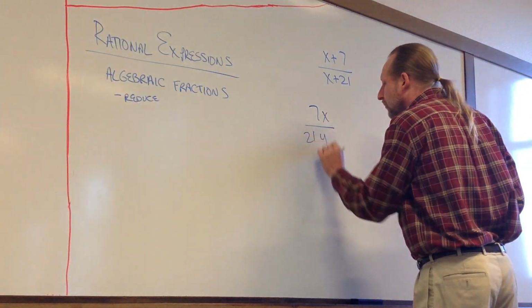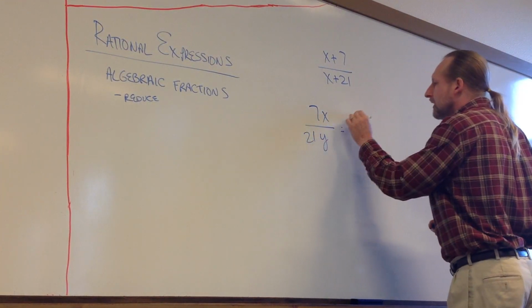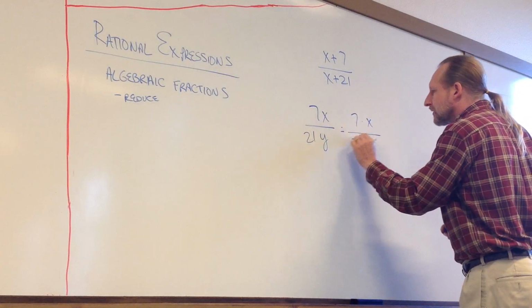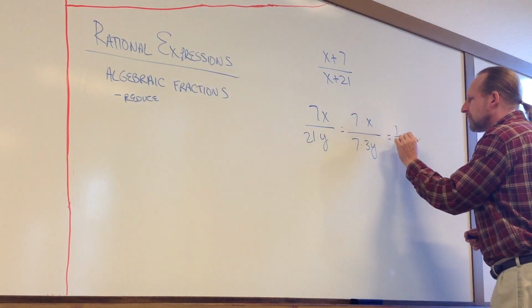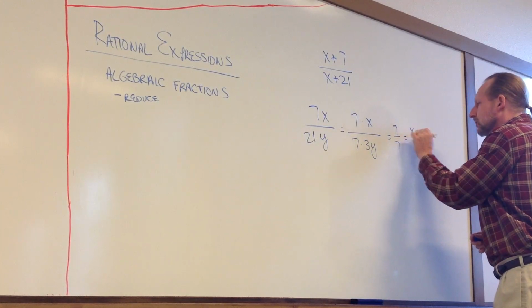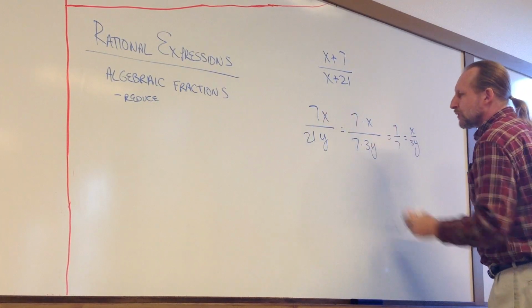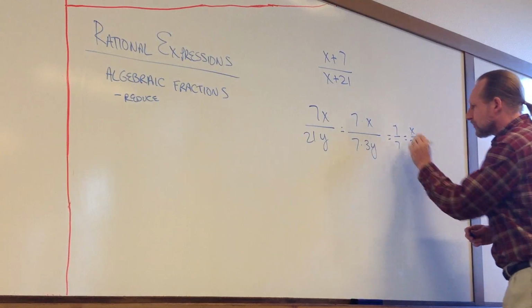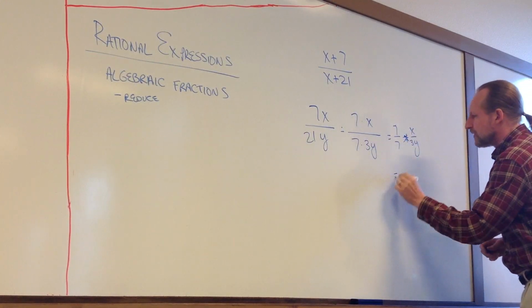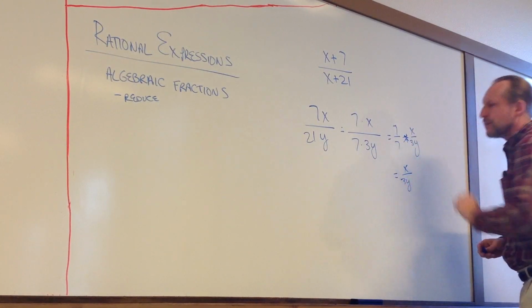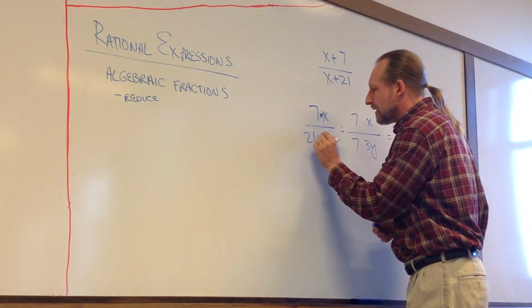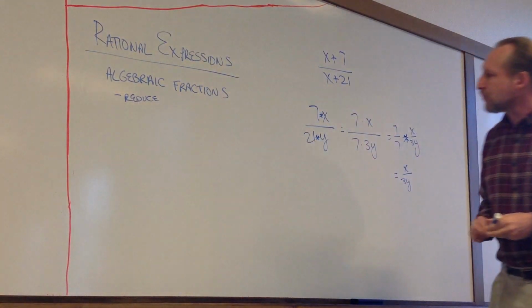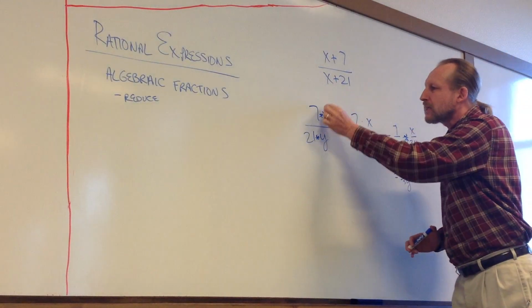Now, if you had something like 7x over 21y, then yeah, sure. You could split this up so that you've got a common factor of 7. 7 over 7 is 1. And so this would reduce to x over 3y, all right, because what's happening between the 7 and the x and the 21 and the y is multiplication.